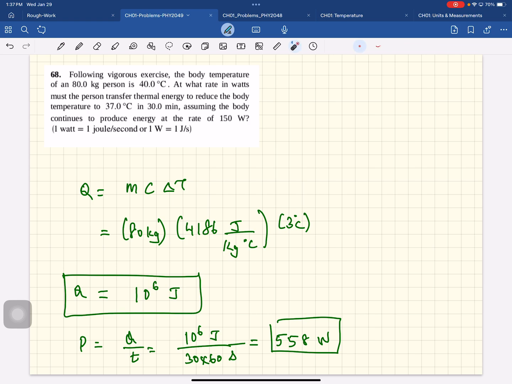Okay, but your normal bodily reactions are producing 150 watts, 150 joules per second. So your cooling system has to get rid of, so power total is 558 plus 150 watts. That's the rate at which you have to get rid of heat. That's 708 watts. Essentially, you have to increase your cooling rate by 400% for half an hour.